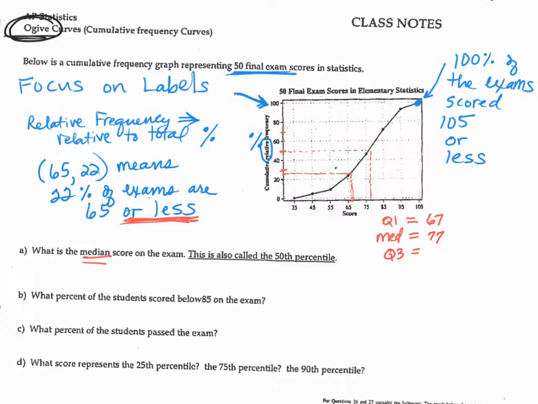So track on over. 75th percentile. It's about 87. Now, if you're a little off on these, I know. I can see that you're going to be within a certain amount. You might have chosen 86 instead of 87 or whatever.